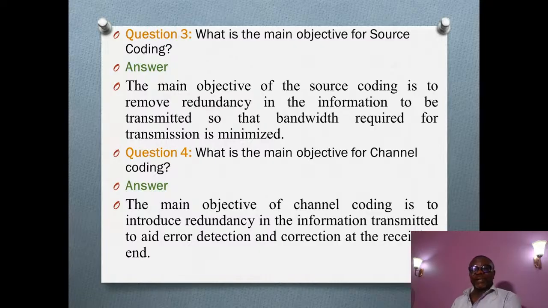If you look at model 017, you will see how this was explained. If you transmit a single zero bit, it represents zero.